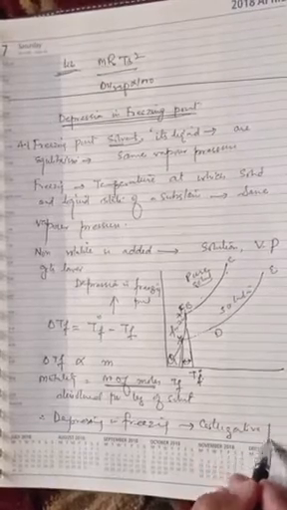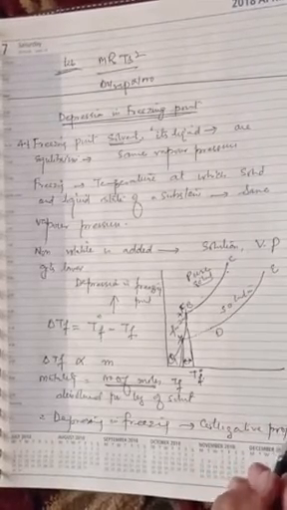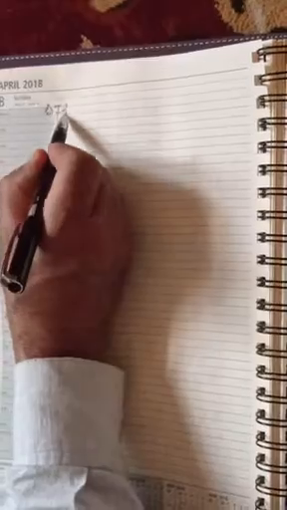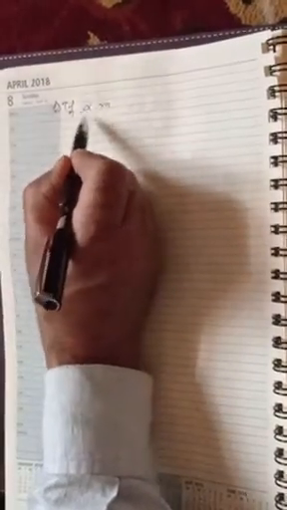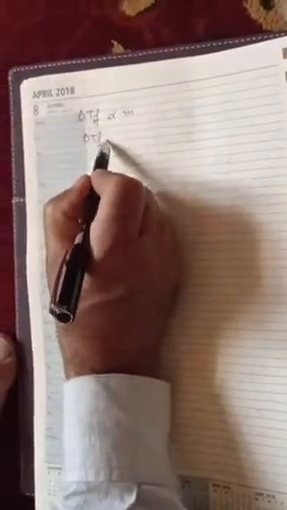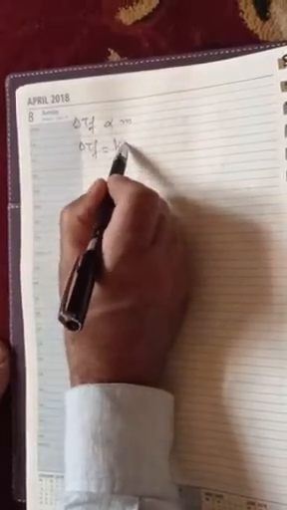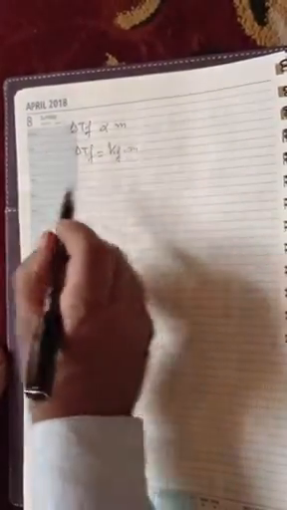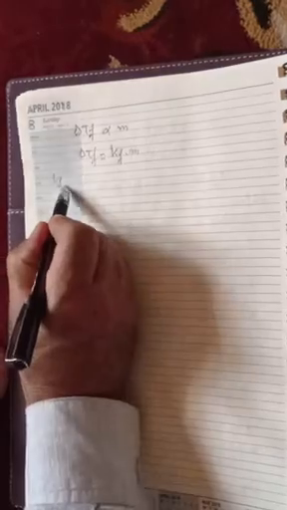I will try it again. BC is the vapor pressure curve of the pure solvent, and DE is the vapor pressure curve of the solution. GF is the vapor pressure curve of the frozen solvent.